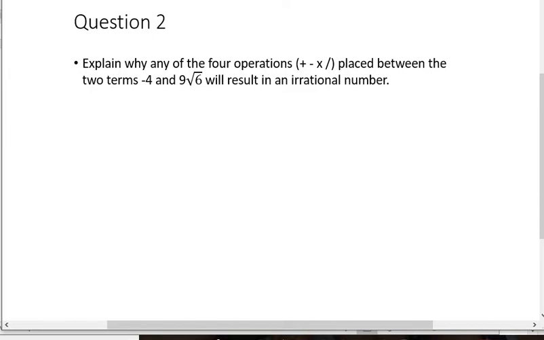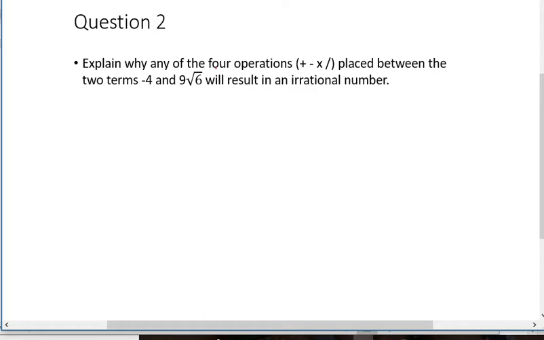All right, now really what you need to know is what is an irrational number. You should know by now that an irrational number can't be simplified basically as a fraction, okay? So any decimal that goes on forever, there's no pattern.